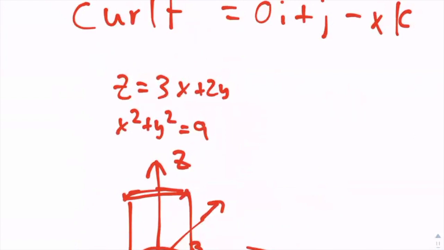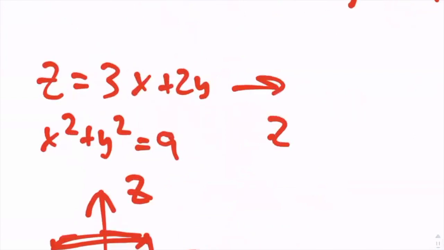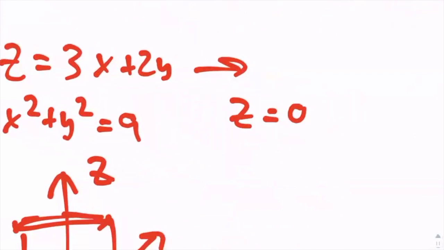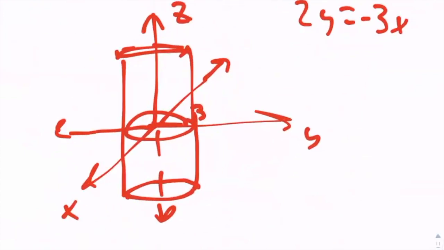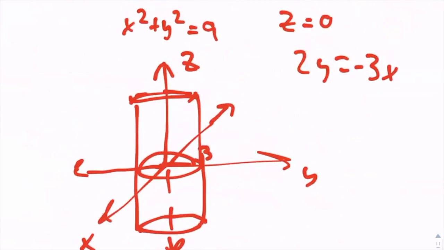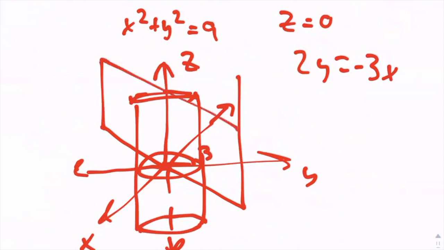And on the xy plane, z is going to be equal to 0. So we know 2y is equal to minus 3x. So that's going to give us something along the lines of that. Let's extend that line and then draw the plane. Boom. We can draw that like that as well. Just like a rough sketch.